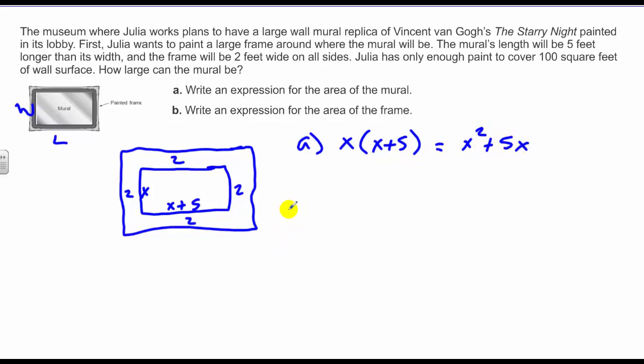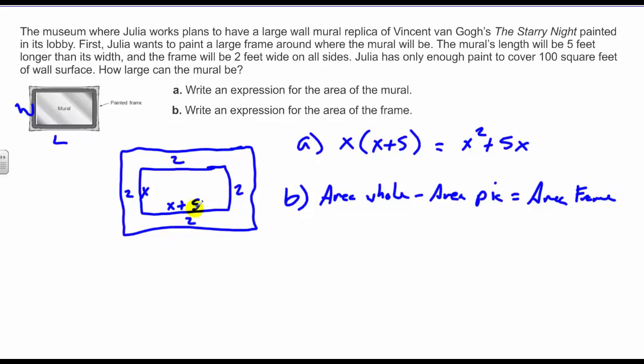And B, they want an expression for the area of the frame only. Well, the frame is the area of the whole minus the area of the picture. That's equal to the area of the frame.